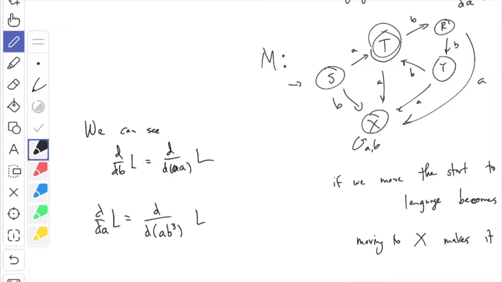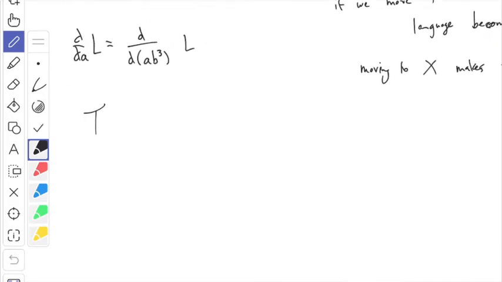In fact, there are only 5 states in this diagram, right? So if you think about it, there's only 5 different places that you could possibly move the starting state to. And each of those places would have their own set for the derivative, but there's only 5 of them. So in this example, there are only 5 possible starting states.